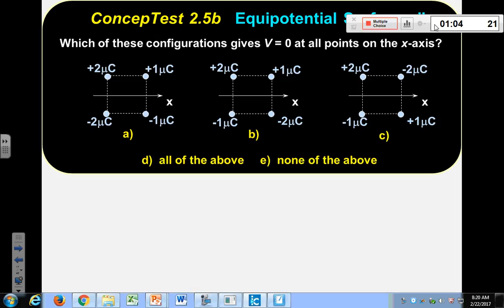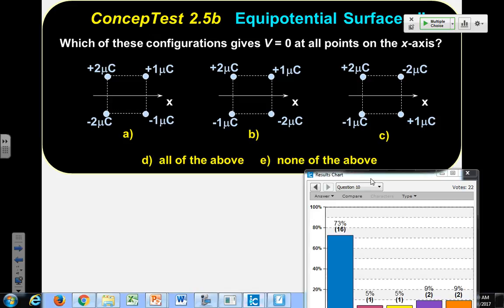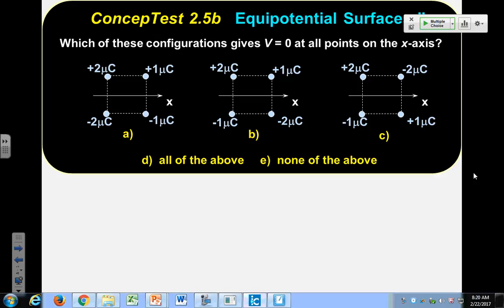All right, let's stop at 110. Okay, good. A is right. Look at A, here, I'm right here. Notice I'm equidistant from those two charges, so their potentials cancel out.